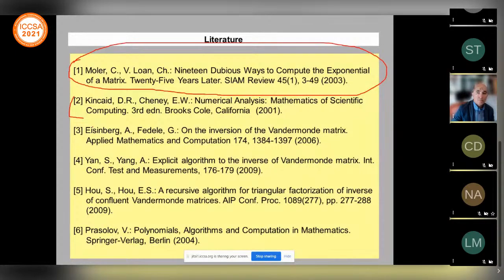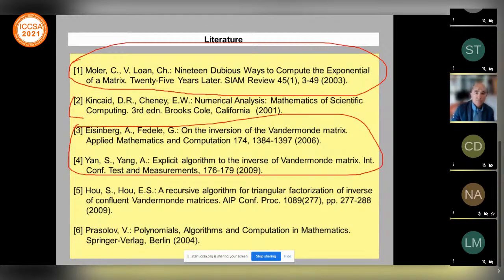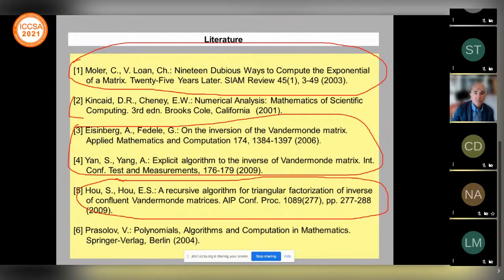Next is how to invert the van der Monde matrix. We have two works to invert classical van der Monde matrices, and we also have works on inverting the confluent van der Monde matrix by another author.